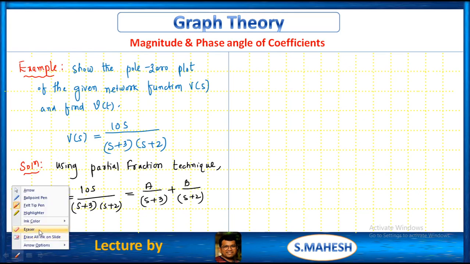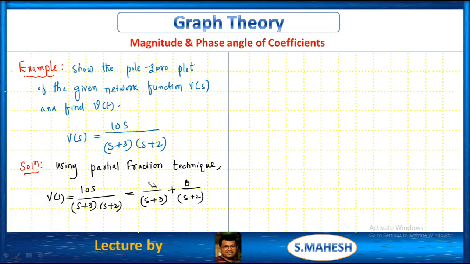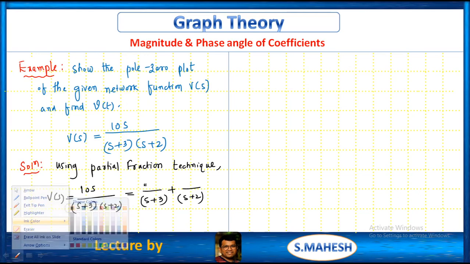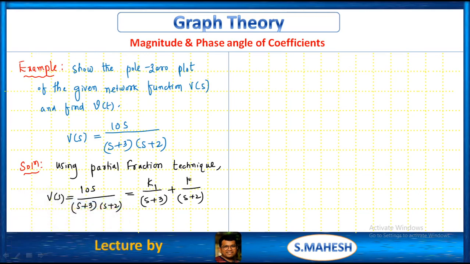Let us say these are K1 and K2. So this is V of s. Therefore v of t is nothing but K1 into e power minus 3t plus K2 into e power minus 2t.